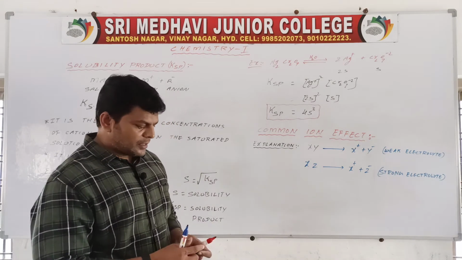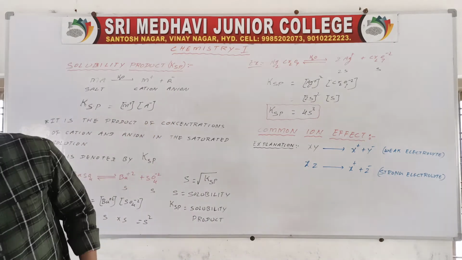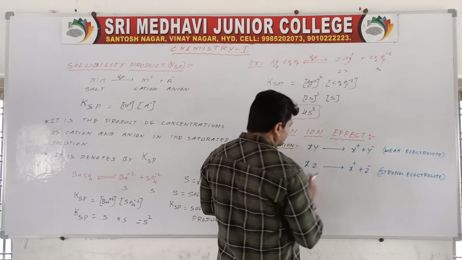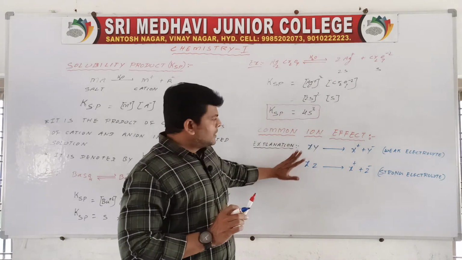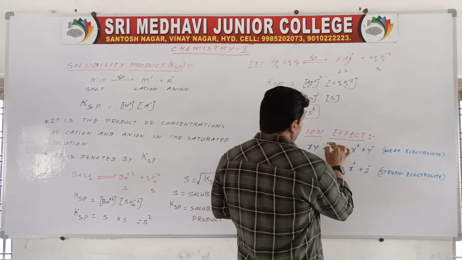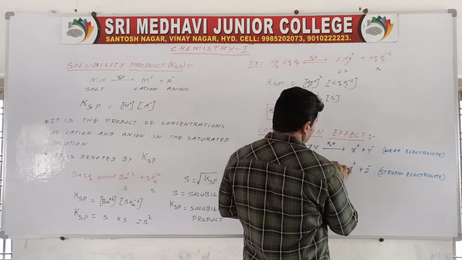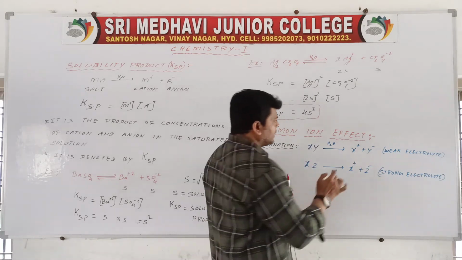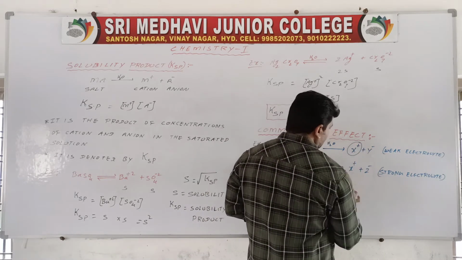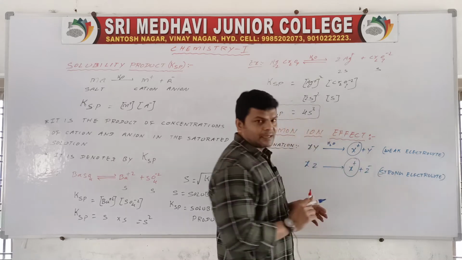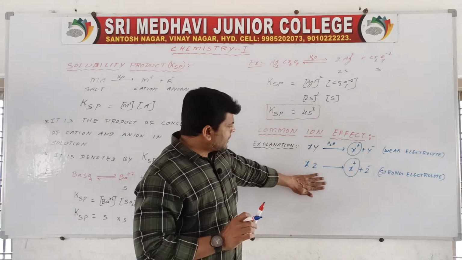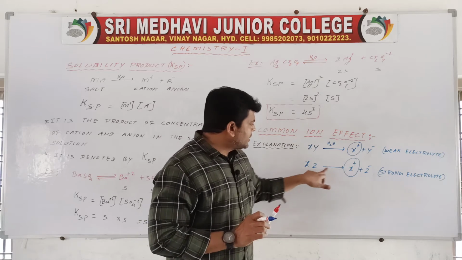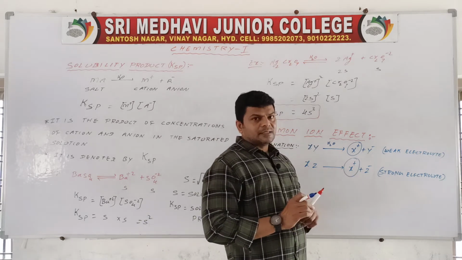See here, I am taking weak electrolyte XY. When it is dissolved in water, it divides into X plus and Y minus. It has the cation X plus. Adding a strong electrolyte to this same solution, it divides into X plus and Z minus.